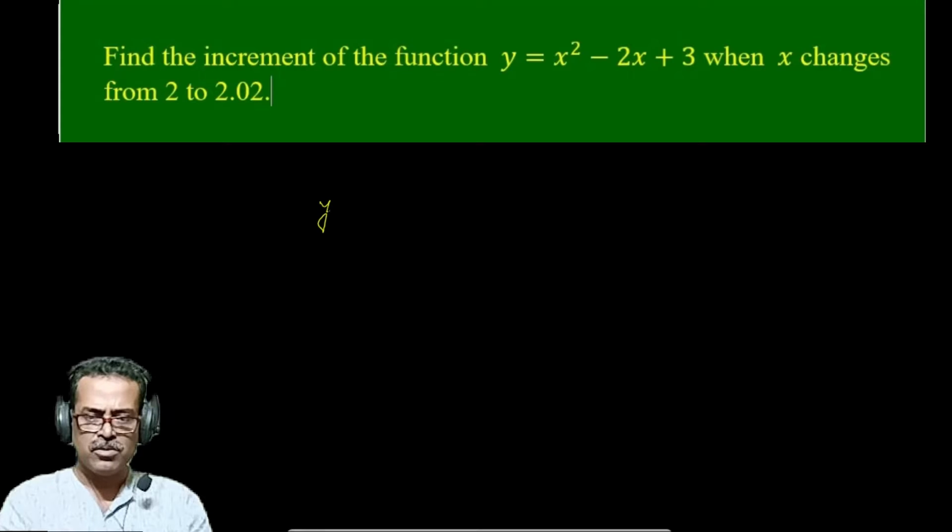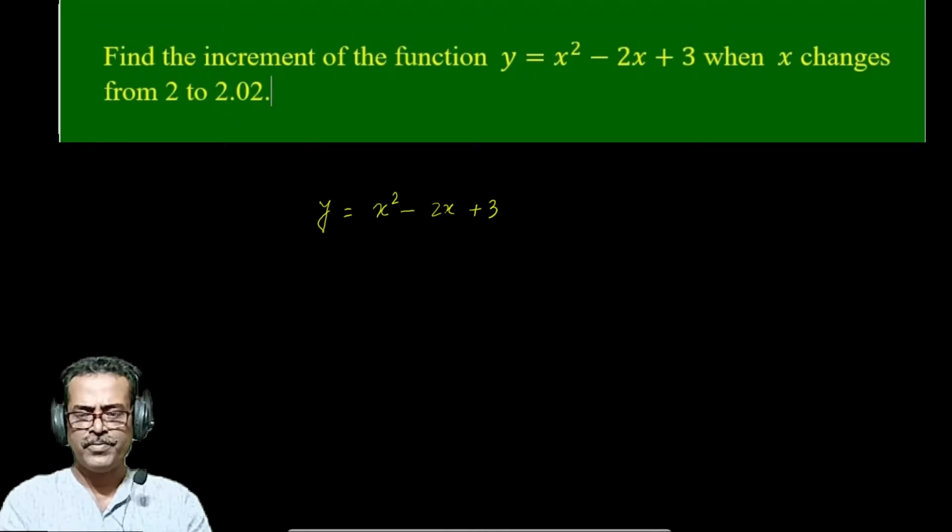y is equal to x square minus 2x plus 3. Now the differential: dy is equal to (2x minus 2) dx. This is the differential. Now the increment when x changes from 2 to 2.02. So x is 2 and dx is equal to 0.02.